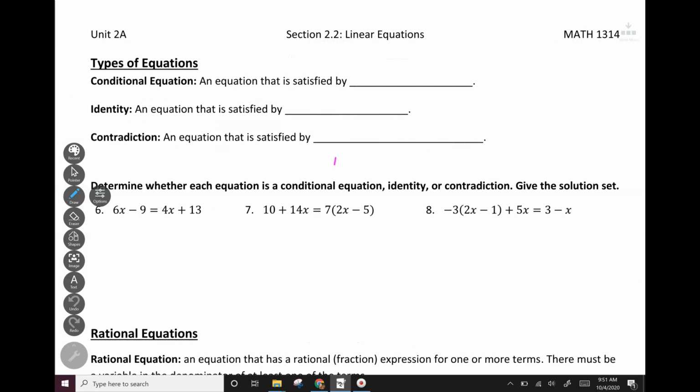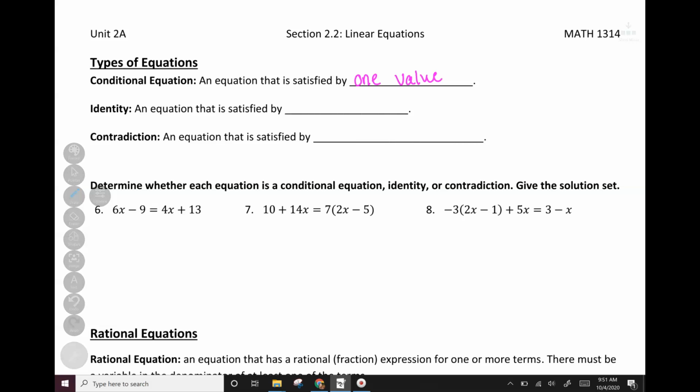Okay, so there are 3 types of equations. You can have a conditional equation, which is an equation that is satisfied by just one value. So there's only one number that you can plug in, and that will make the equation true.